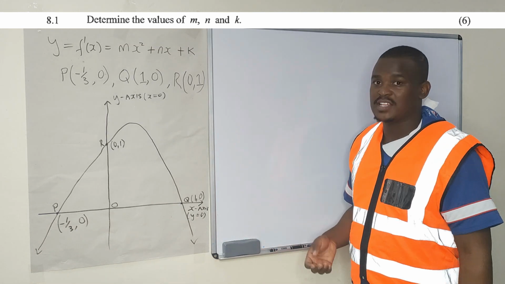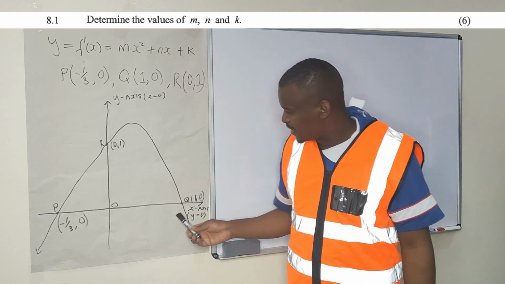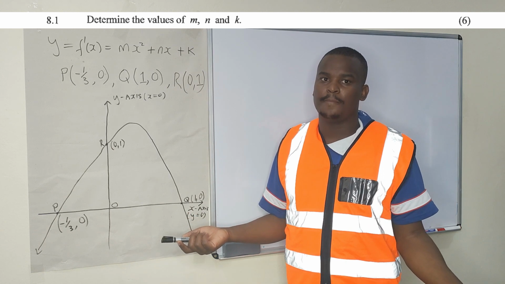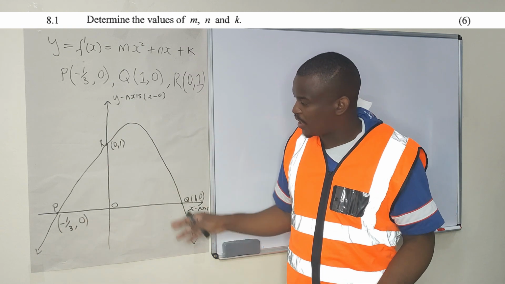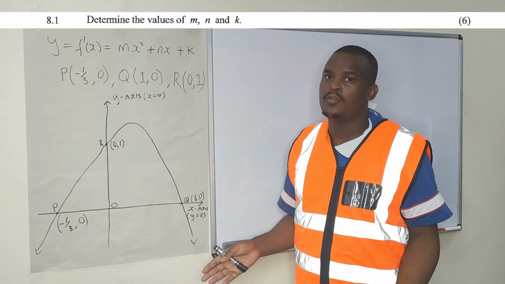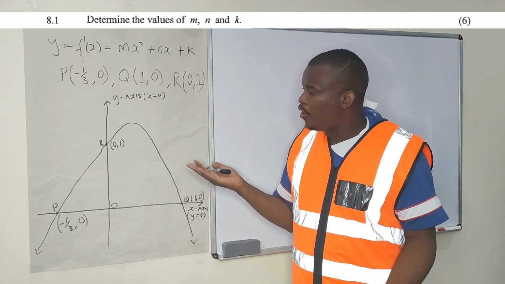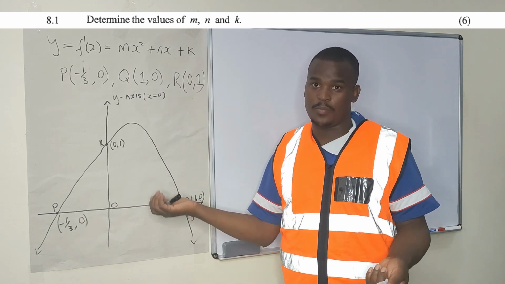To do this, there are many ways you can approach it. But you are given the two x-intercepts of a parabola, right? So you know how to find the equation of a parabola if you are given the intercepts and at least one other point.